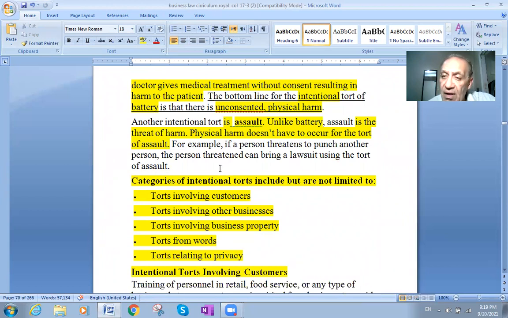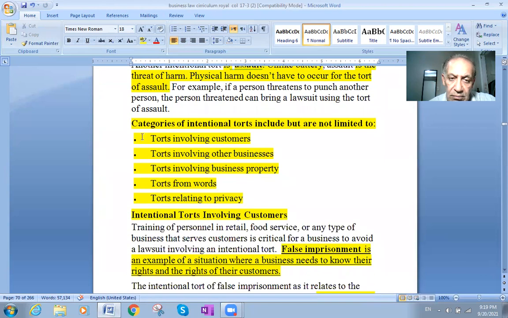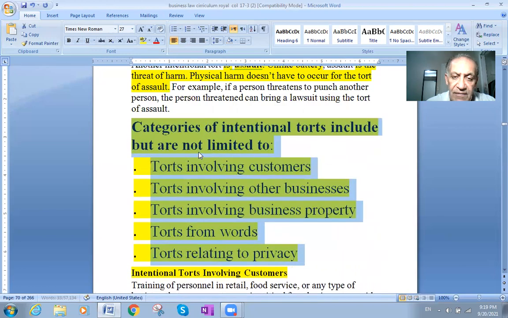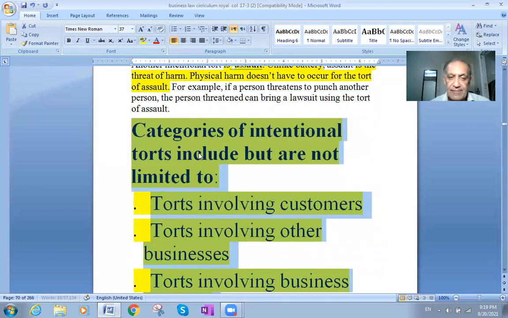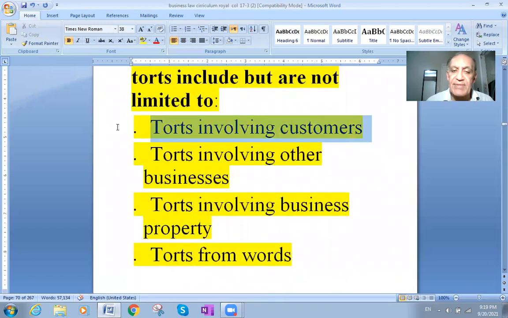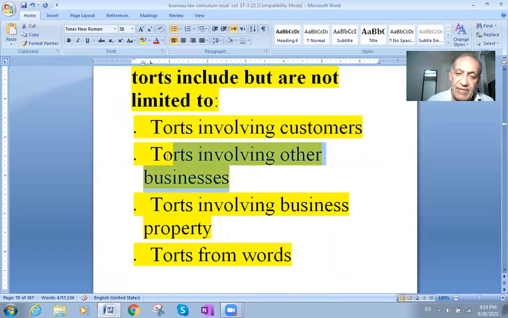Also, we have a kind of tort regarding business work. These are the categories of intentional tort. Torts involving customers, and torts involving other businesses: any harm that goes to the customer.